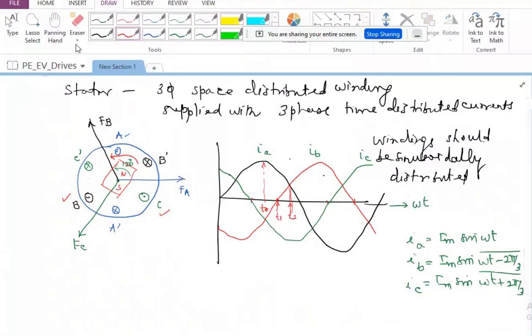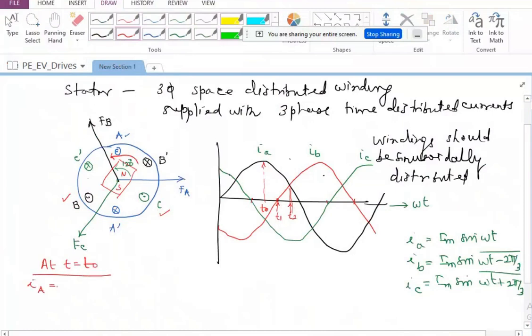So at t equal to t naught, I have IA, whatever is the current in A phase, that is going to be Im, the maximum value of current. At that point, if I look at IB from the zero crossing, it is about 30 degrees before.